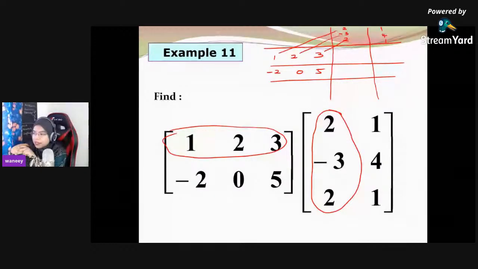If you have done them, you can simply write down done and then I'll show you the final answer.